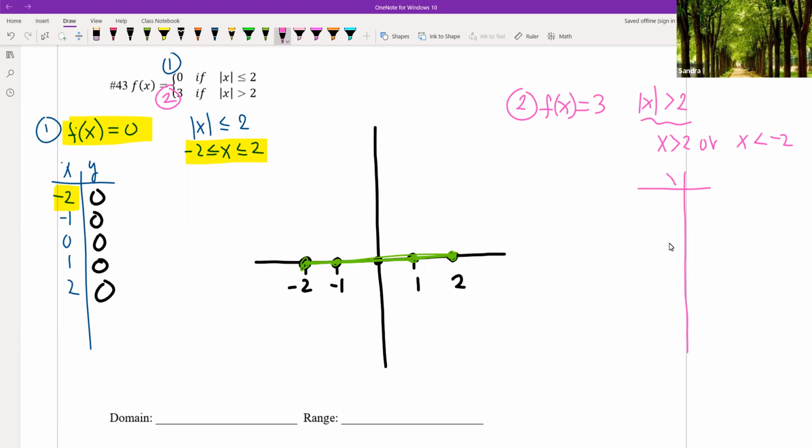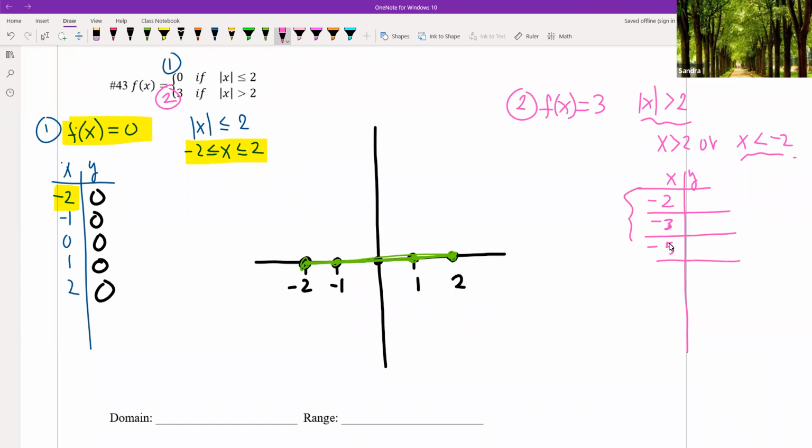Make a t-table of values. Now try not to get confused right here when you see that less than -2, you're talking about the -3, for example. Well, we're going to start with that one. We're going to start with the -2, then the -3, x is -2, x is -3. Let's go ahead and go with x is -5, and I think that will do it for me.